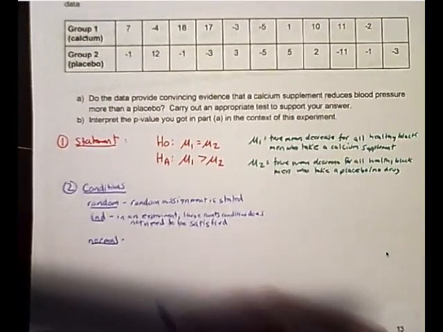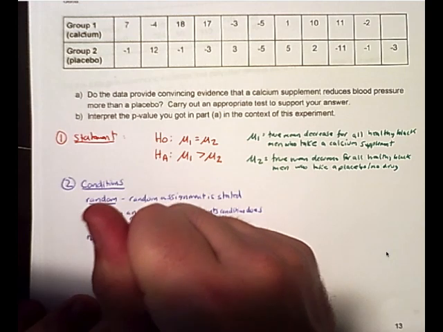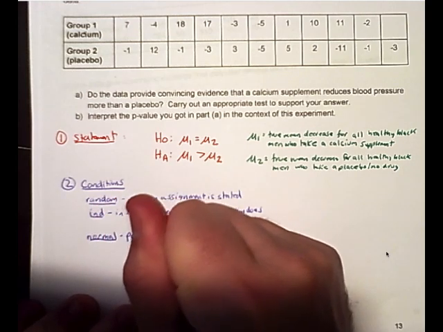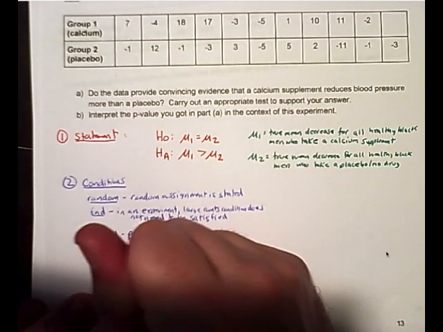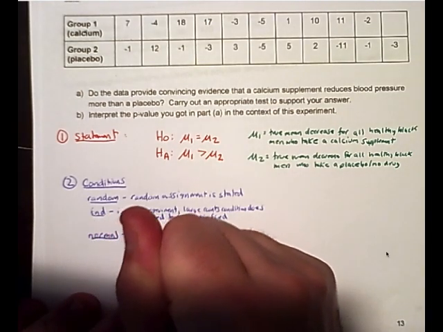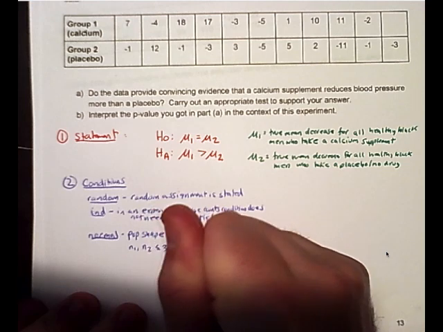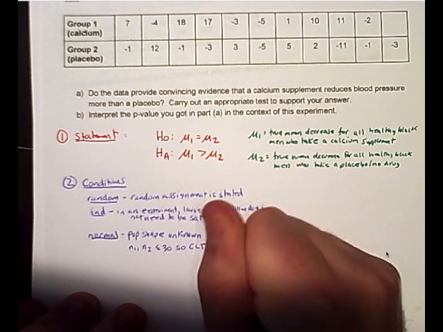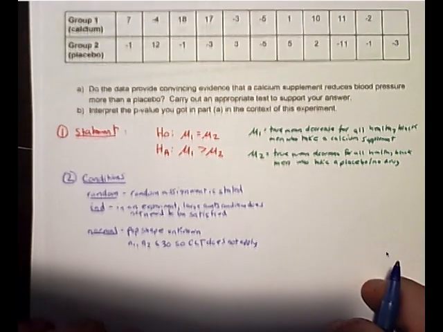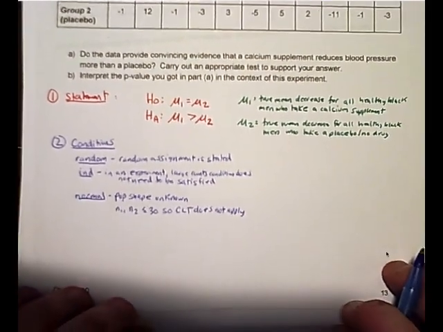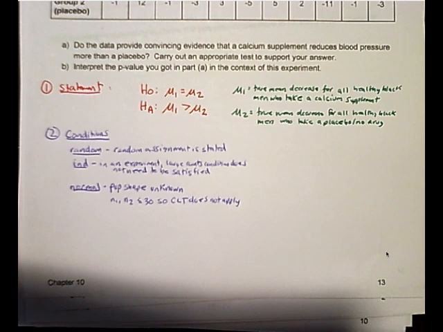All right? So, what I would say here is population shape unknown, and I would say n1, n2 are both less than 30. So the CLT does not apply. But remember, we're going to be using t procedures, all right, which are robust.